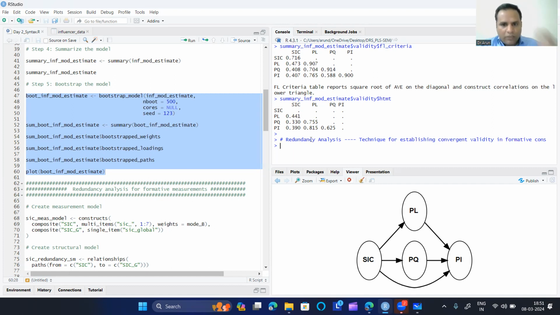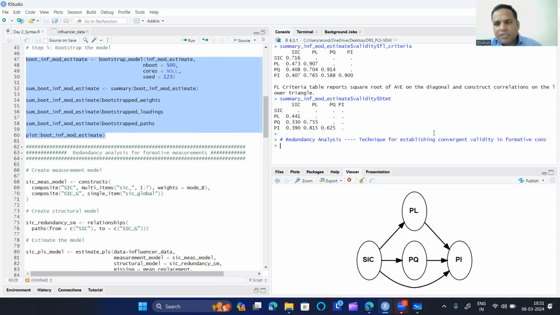So now SIC, how to do the redundancy analysis. Again, for a formatively measured construct, there is no term called discriminant validity. Discriminant validity is not applicable to a formatively measured construct. For a formatively measured construct, there is only one term, redundancy analysis, and this is nothing but establishing the convergent validity of the formatively measured construct.